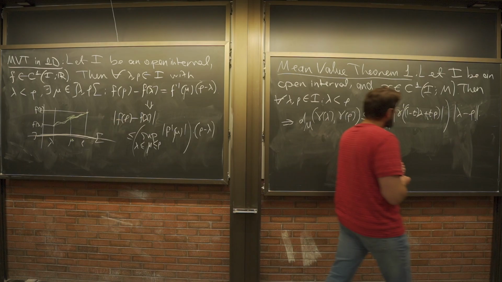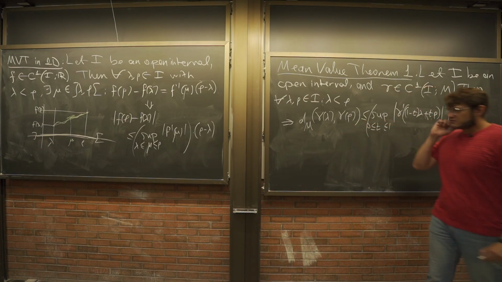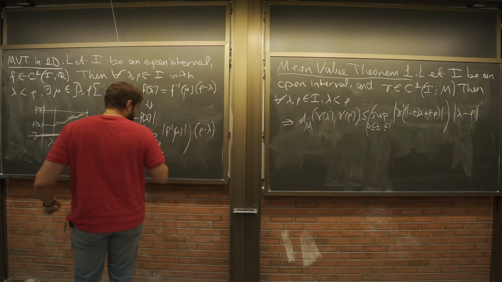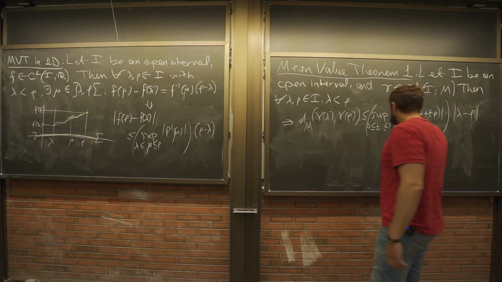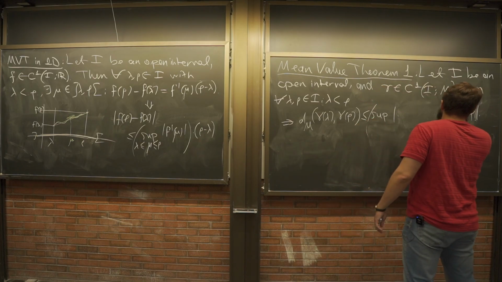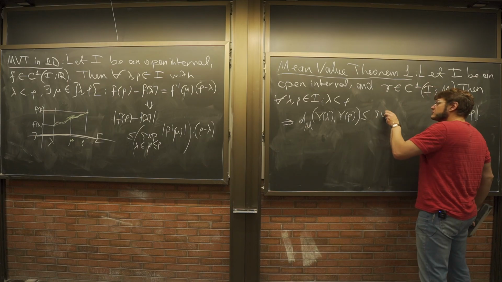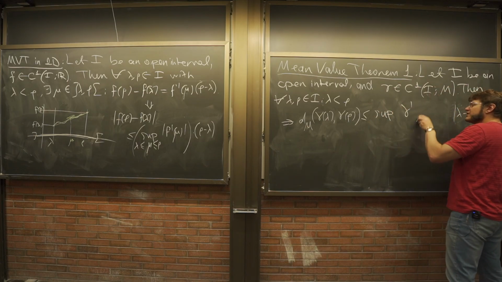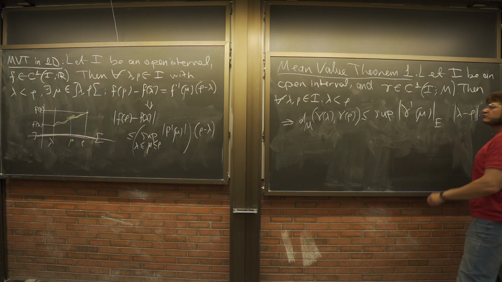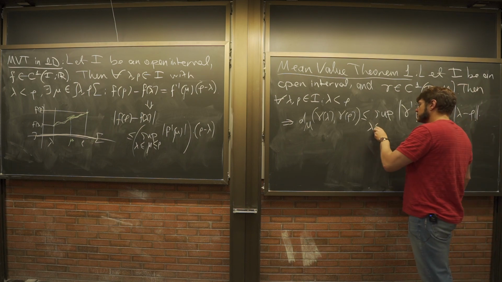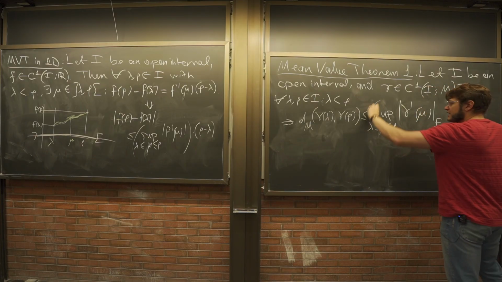OK, so what is happening here? First of all, this is very similar to this. And in fact, I could literally write the same thing here. Maybe it's better: sup of gamma prime at mu, and so this should be in E, of course, where mu varies between lambda and rho.